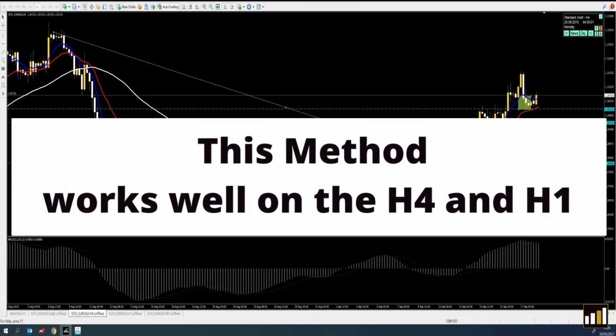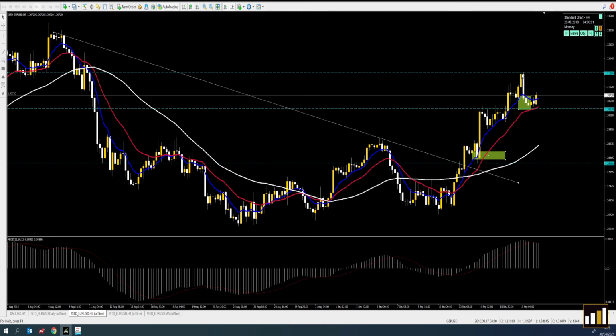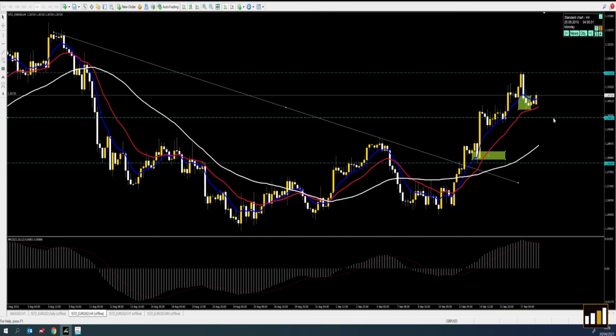And then your first target could be something like this here. You have your first point of resistance there. So in this case, depending on your strategy and your style, it also depends on how you usually take your entries.